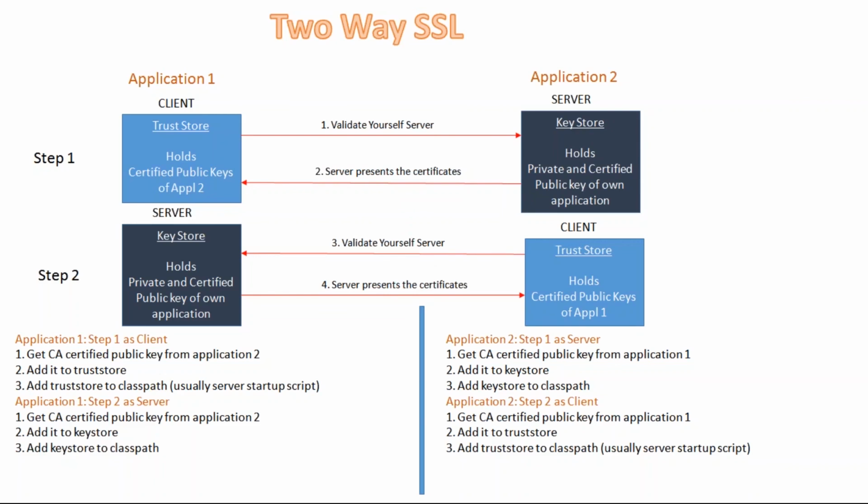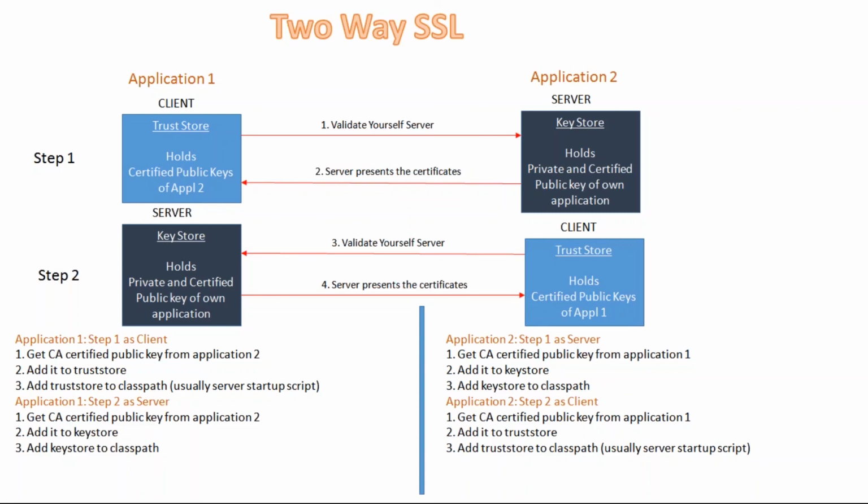But then there is one additional step: once the client to server trust, that is application 1 to application 2, is set, then application 2 becomes the client and application 1 becomes the server. This is interesting, and you see, this is two-way trust. This is called a mutual SSL setup.